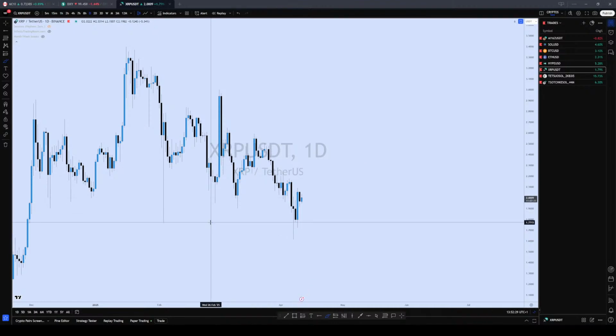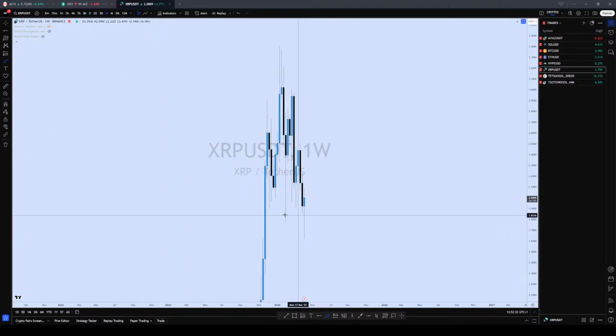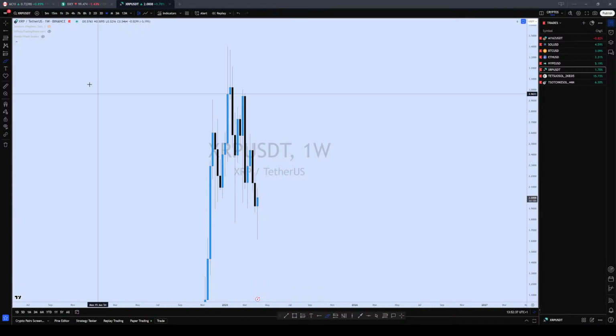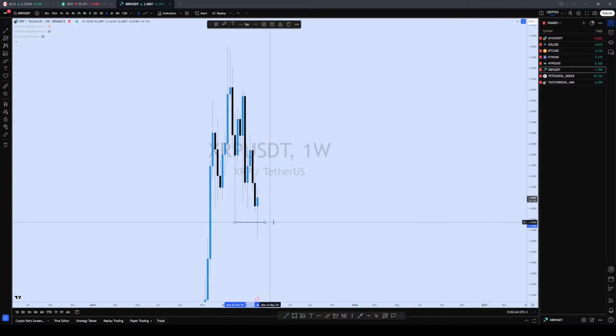But with XRP, again, let's go back to the weekly. We just need the weekly to stay above this. So this is already looking good. I like it. We have this wick and that wick, making this one high resistance. So if we come back here again, we'll be expecting a quick rejection and then start going up.